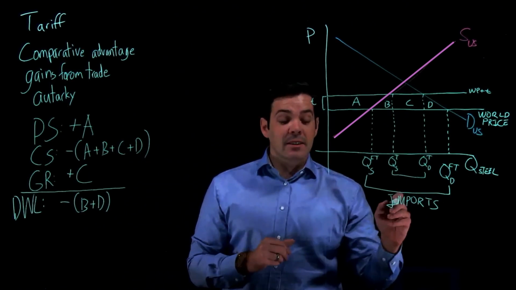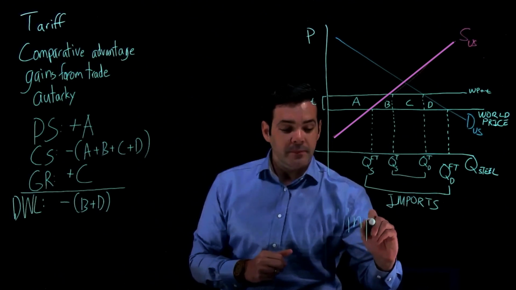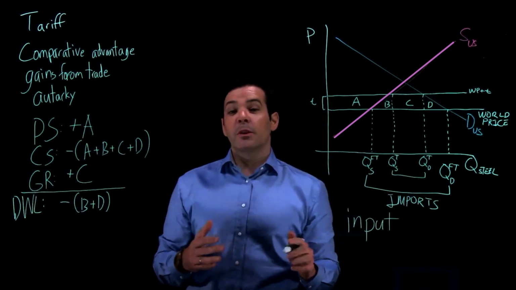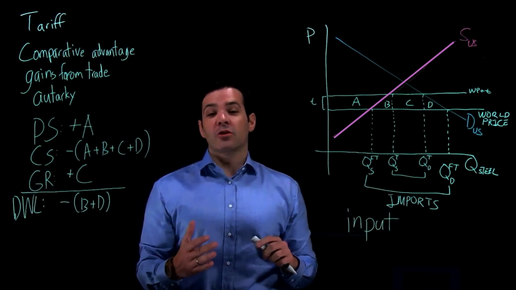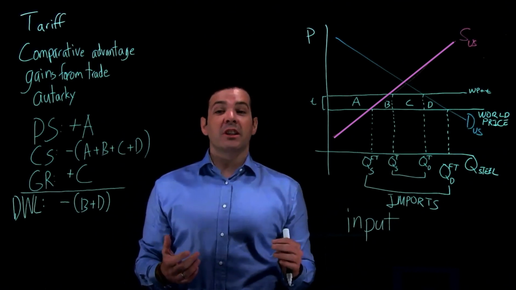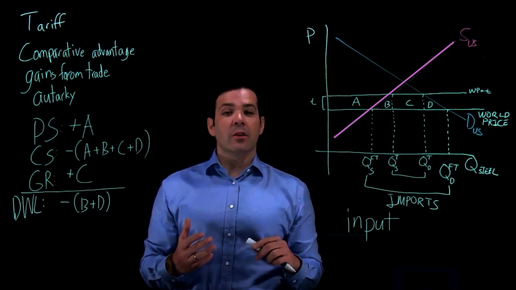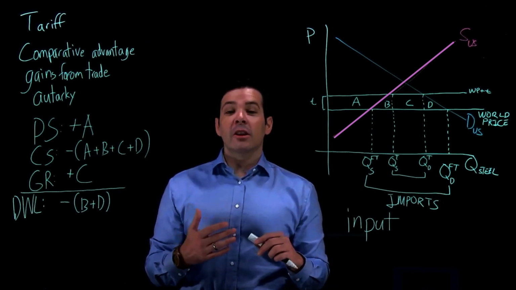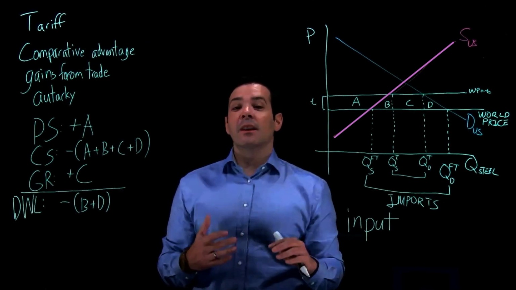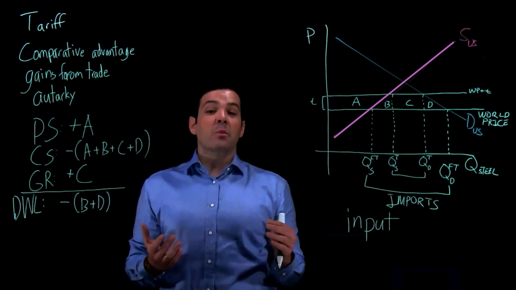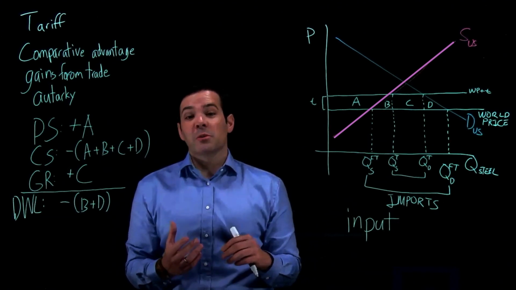Keep in mind that steel is an input into production for many American industries: cars, washing machines, airplanes, and so on. As we'll see in Module 9, when we consider the problem of the firm, an increase in the price of an input means that a firm produces less because it's more expensive to make its product and consumers buy less of it.